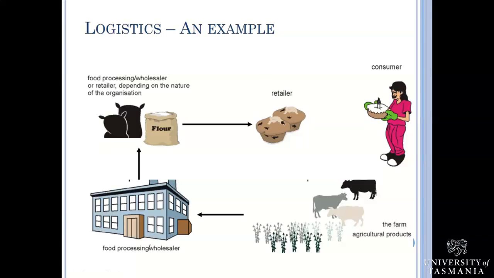So once we have the products in retailers, most of the time customers go there and buy their products. But on e-commerce, well, what we have now, we found online shopping is a common thing. So it can be from retailers delivered to consumers, and it's very common.